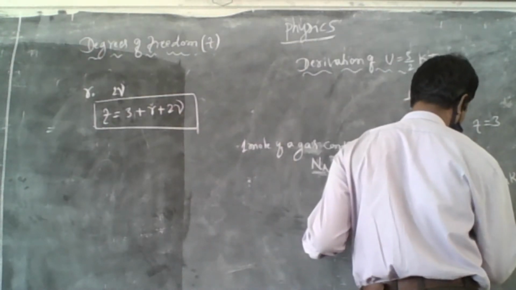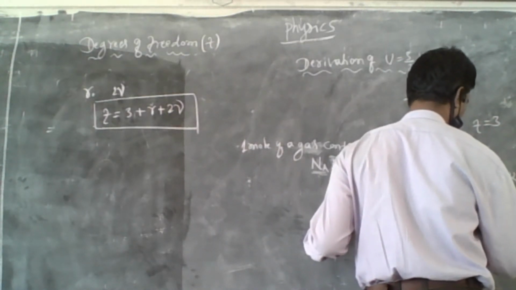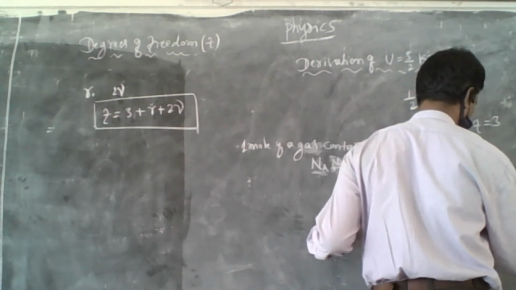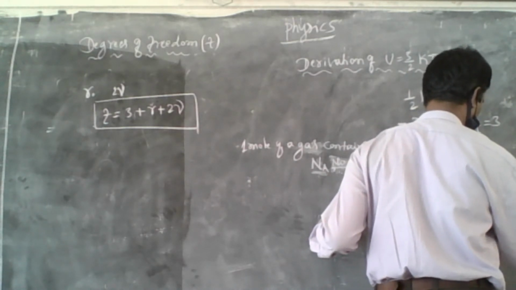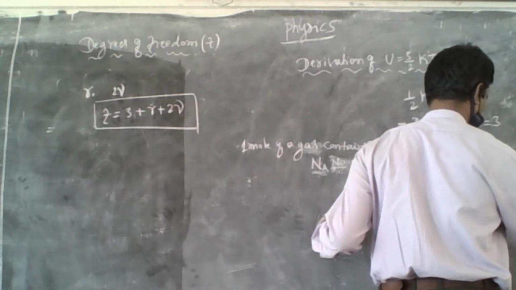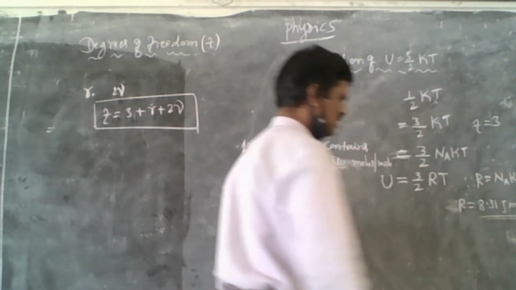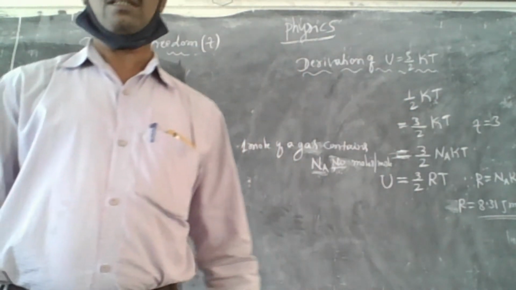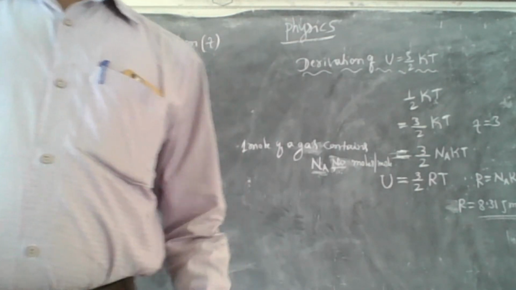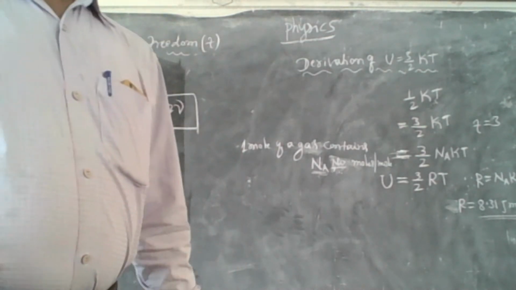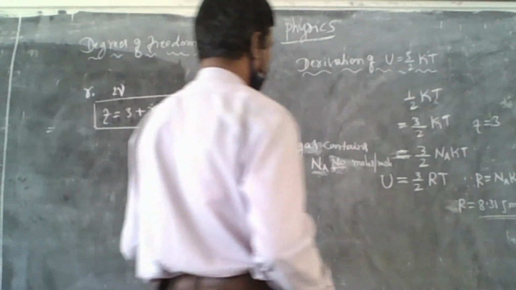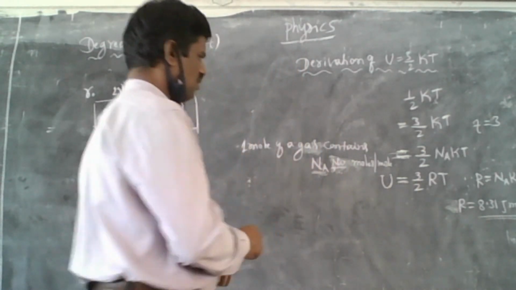Its value comes out to be R equals 8.31 joules per mole per Kelvin, isn't it? So this is the universal gas constant and the internal energy.